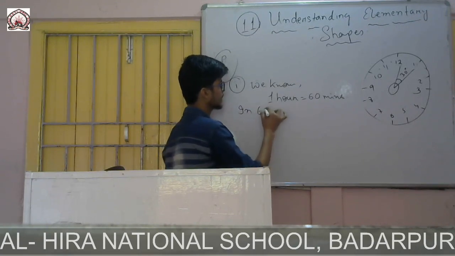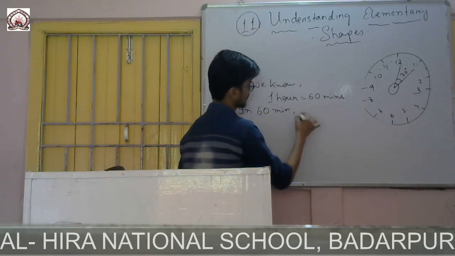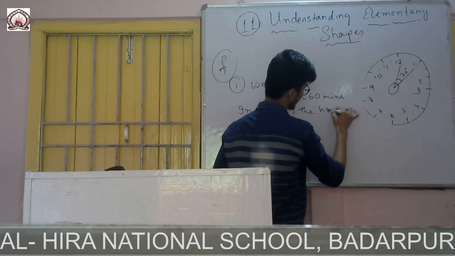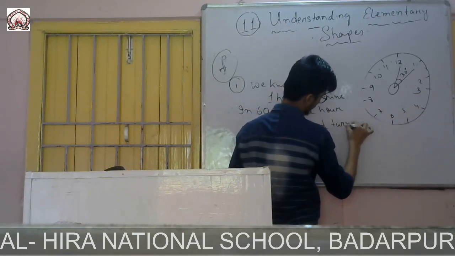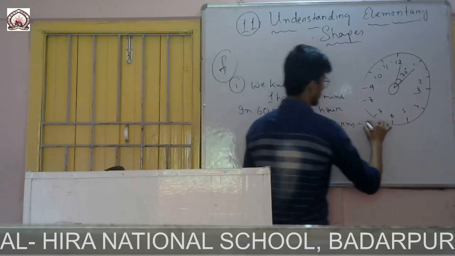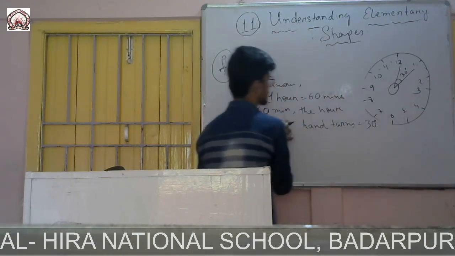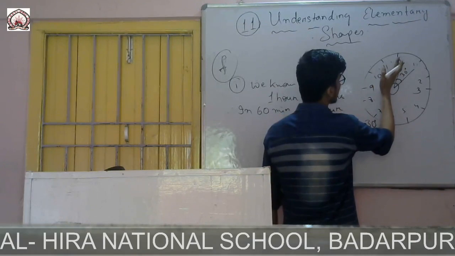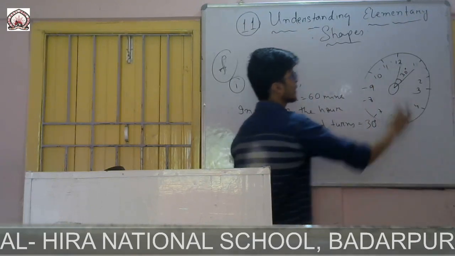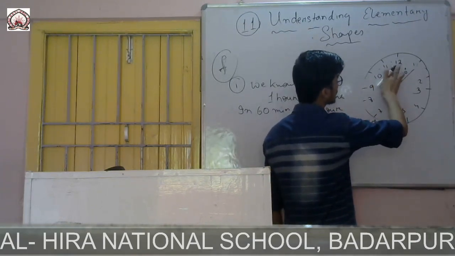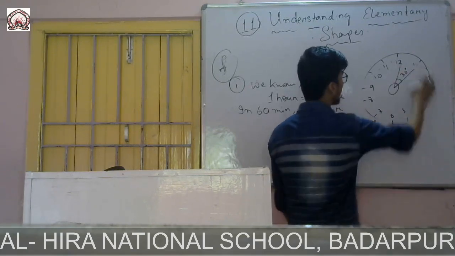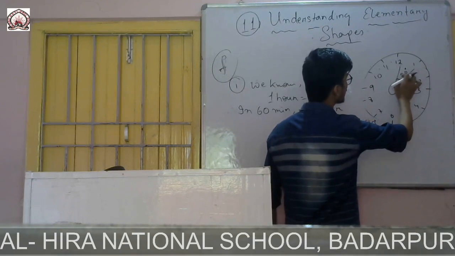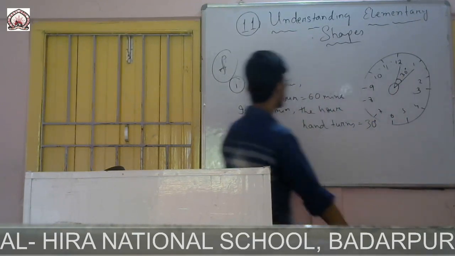Earlier we found that in 60 minutes the hour hand turns 30 degree. From here to here it takes 60 minutes for 1 hour. If the hour hand is at 12 then it will take a full hour to go to 1. That means it will move 30 degree in 60 minutes.